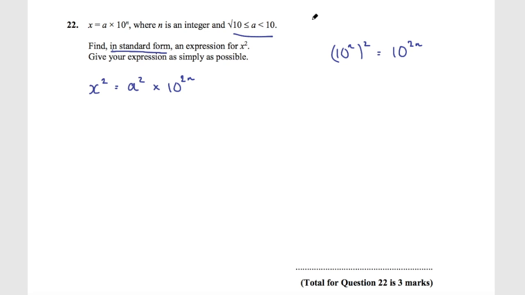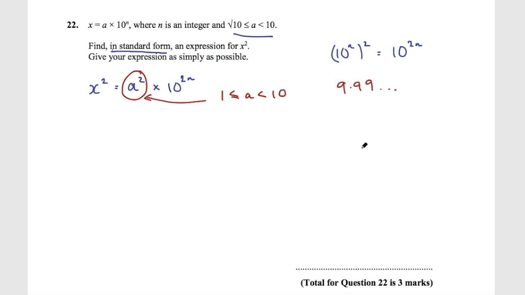And now the important part of this question says it needs to be in standard form. When a number is in standard form, this part of the number needs to be between 1 and 10, less than 10. It can be 9.999, but it can't be 10. And it can be greater than or equal to 1. So that's for a number in standard form. We know that a is greater than or equal to the square root of 10 and less than 10.